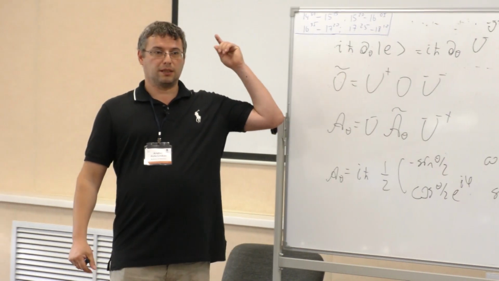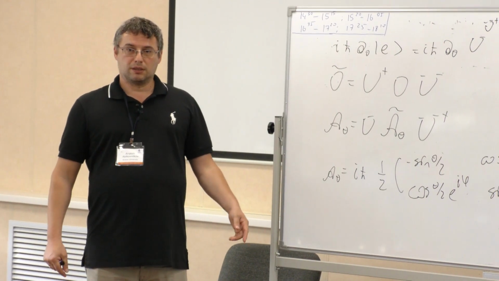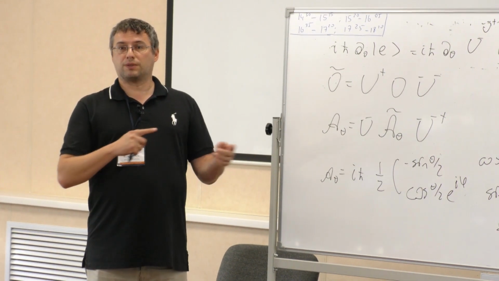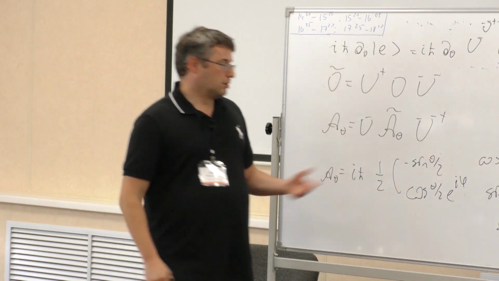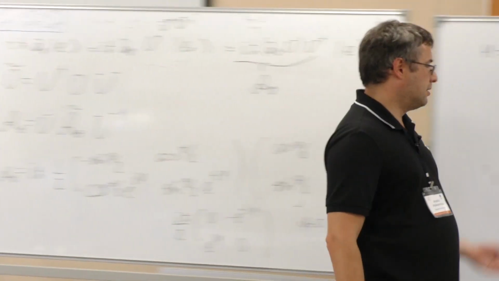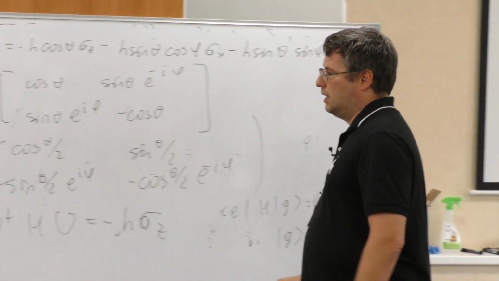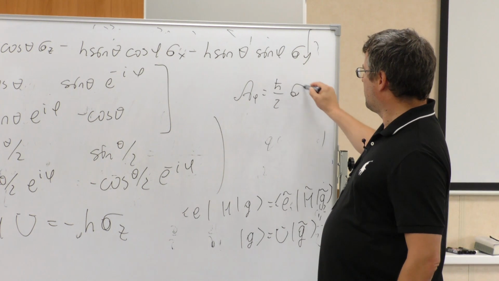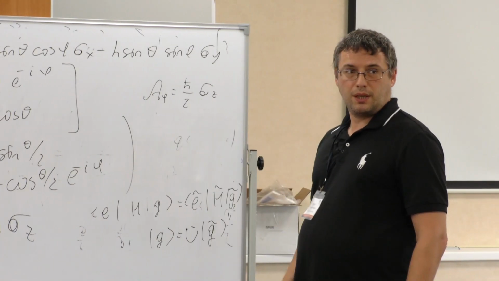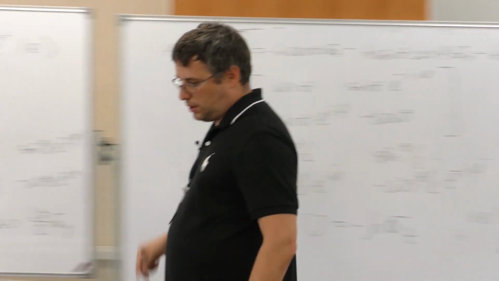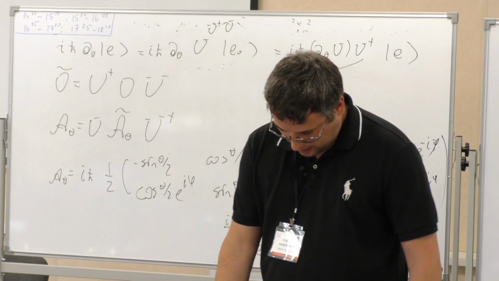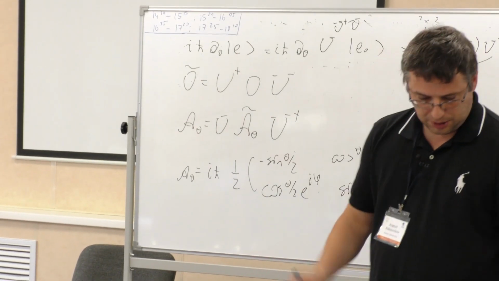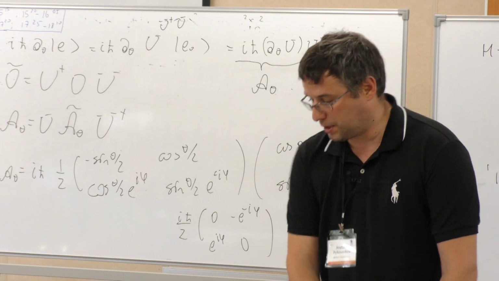So if I'm rotating in the xz plane, at phi equal to 0, the generator of these rotations is sigma y. Now you can guess, and this I leave as another exercise, that if you compute A phi, then you'll get h bar over 2 times sigma z. So we get what we expect, that these gauge potentials are just generators of these unitary transformations.